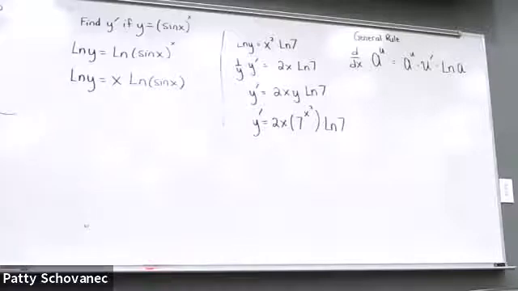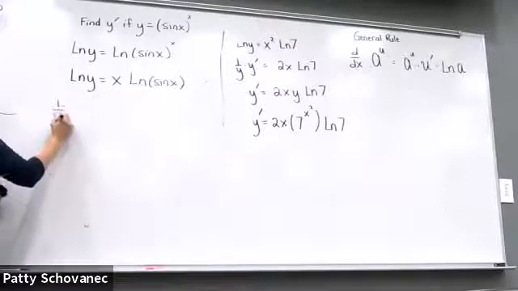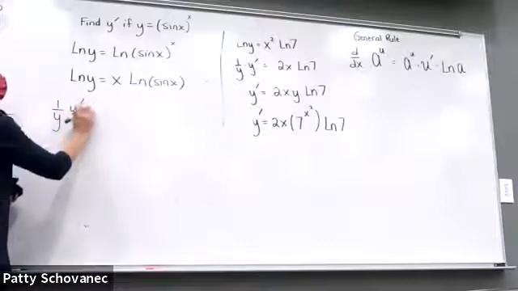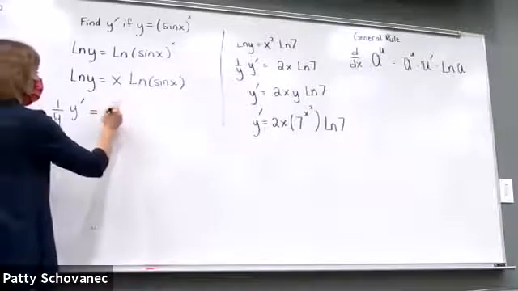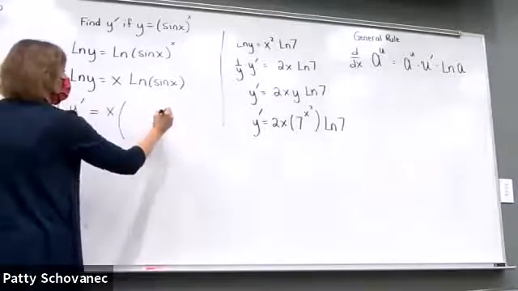We're looking for y prime, so we just use implicit differentiation through here. On the left side, the derivative is still 1 over y times y prime. On the right side, we need to do the product rule. So I've got the first times the derivative of the second.